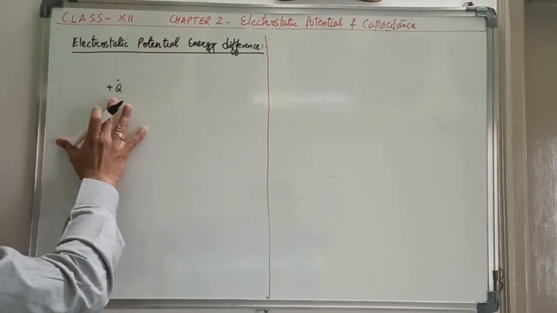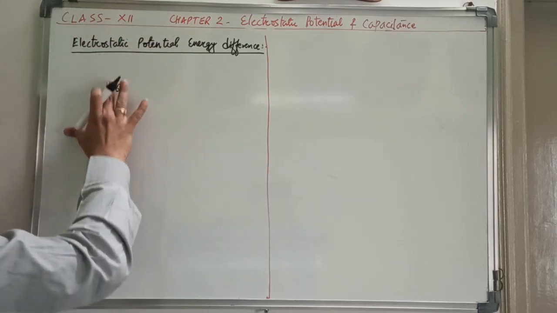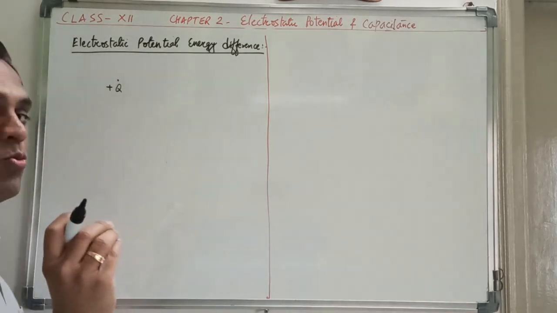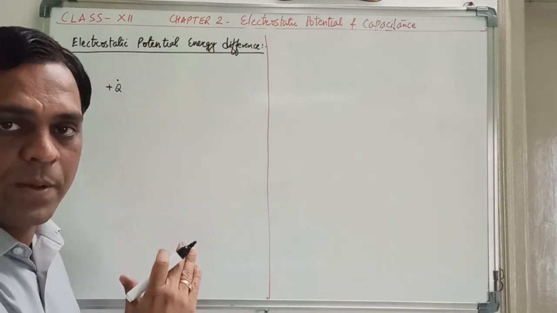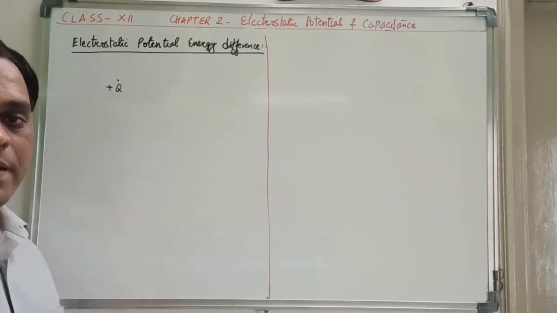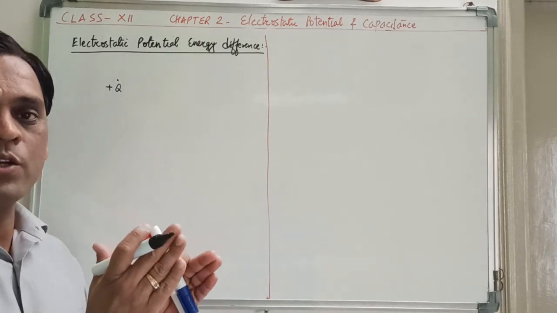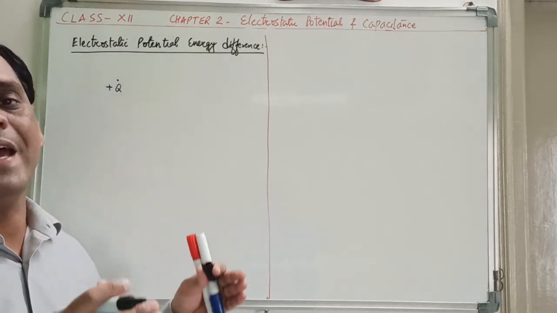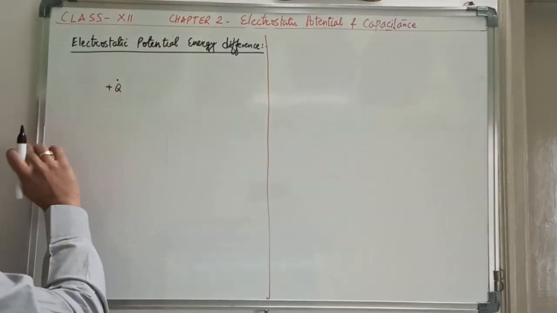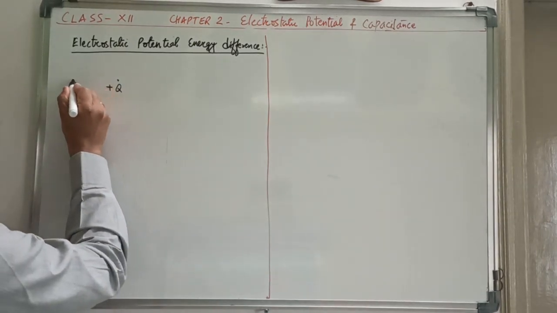If we move a test charge in the electric field of this source charge from one point to another point, then obviously some work has to be done by the electrostatic force between the two charges as well as by the external force which is making the charge move from one point to another in the electric field configuration.